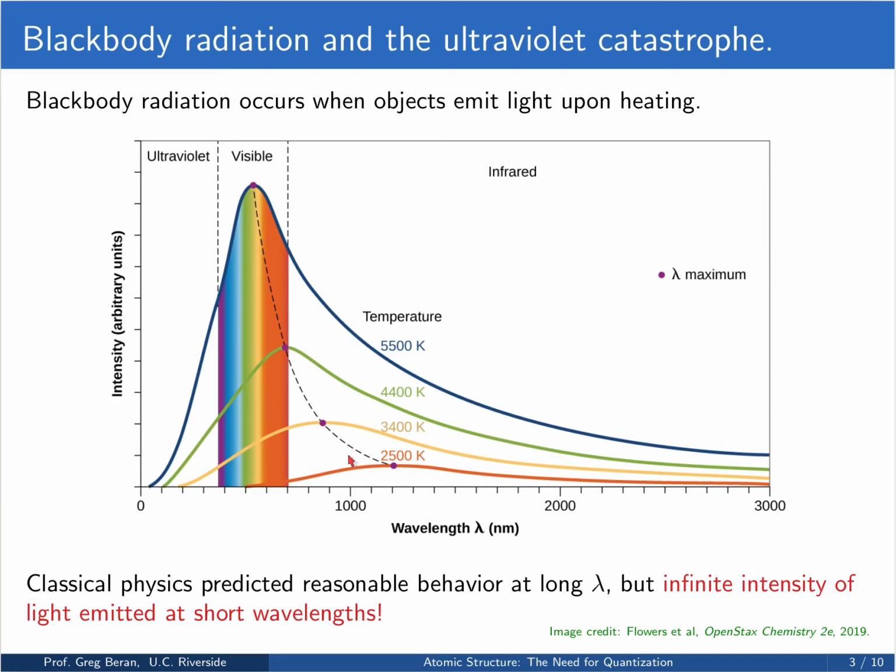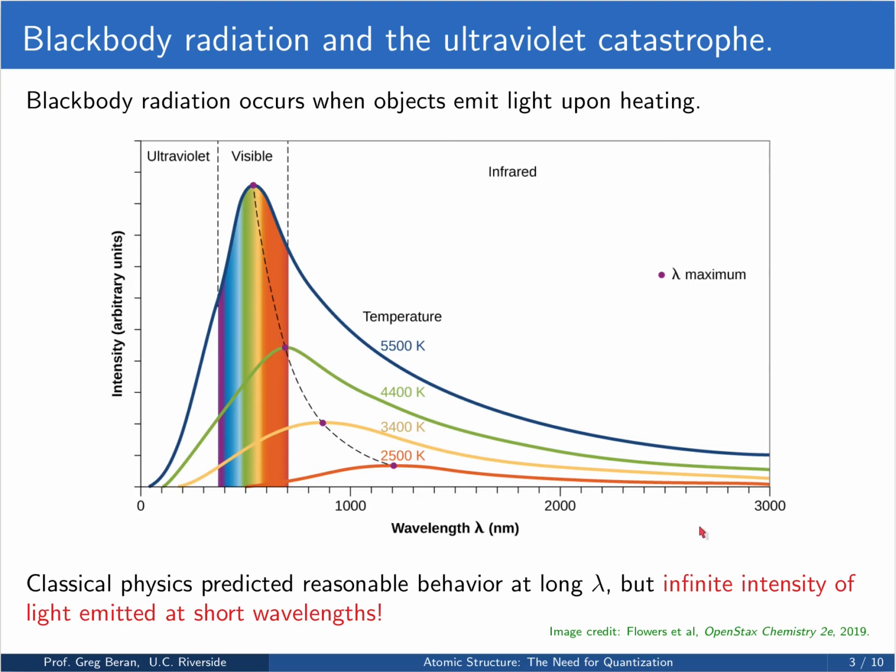As that object is heated up further, however, the emission shifts further toward the visible until by 5500 it's peaked somewhere around yellow and green. And so this explains why, for example, iron gets red hot or lava emits red, because those have hot temperatures in which there's a significant amount of emission in these regions.